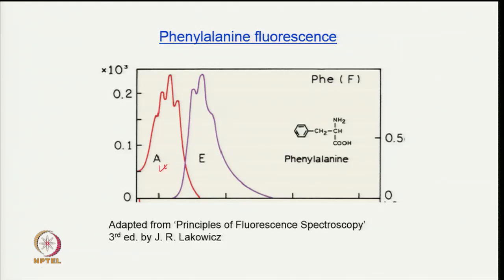This is your typical absorption band and this is your emission band for phenylalanine, and there is again a difference between lambda max of the absorption band and lambda max of the emission band, and this is your Stokes shift for phenylalanine.